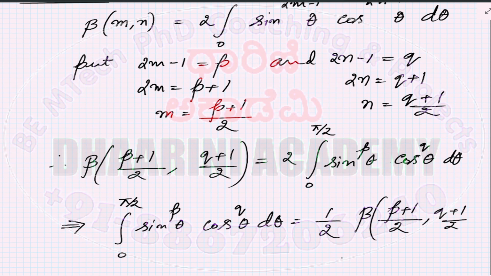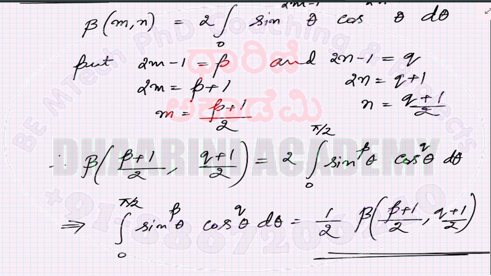Very simple. So if I see the integral 0 to pi by 2 of sine to the power p theta cos to the power q theta d theta, I don't have to solve any integration. Simply take half of beta of p plus 1 by 2 comma q plus 1 by 2, because beta of m comma n I know how to solve.